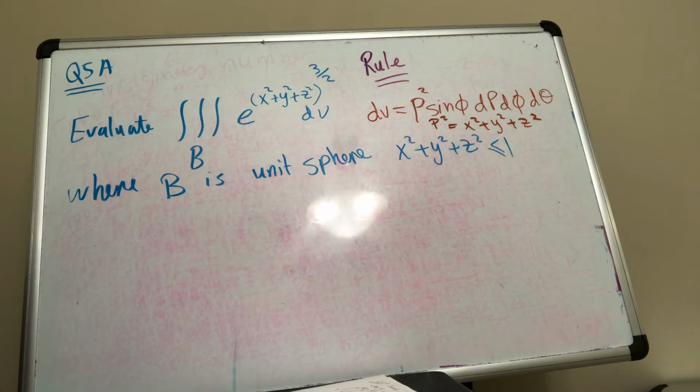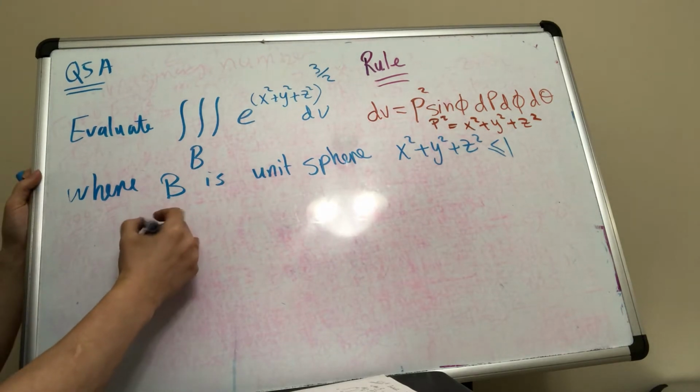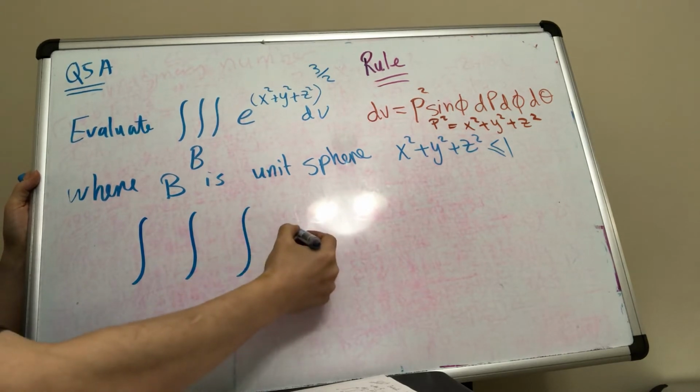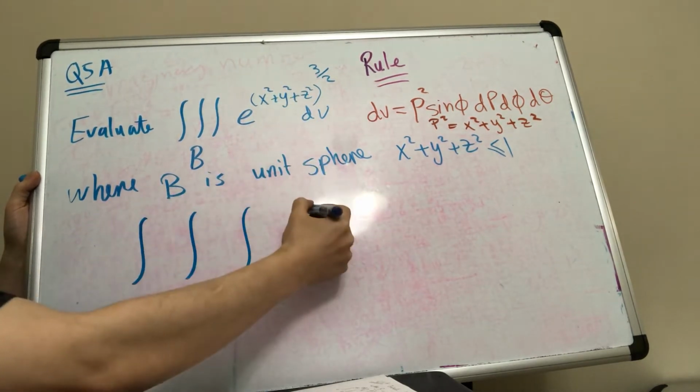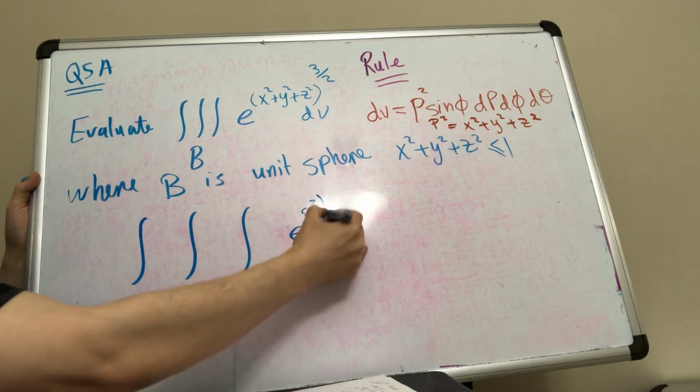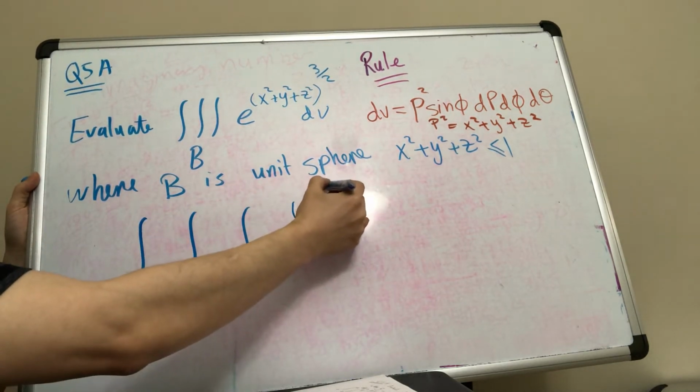Okay, so to do this, first of all, we need to have the limits of integration. This we can replace by p squared, and it's still raised to 3 over 2.